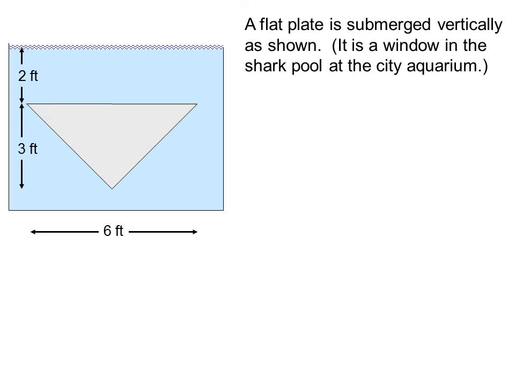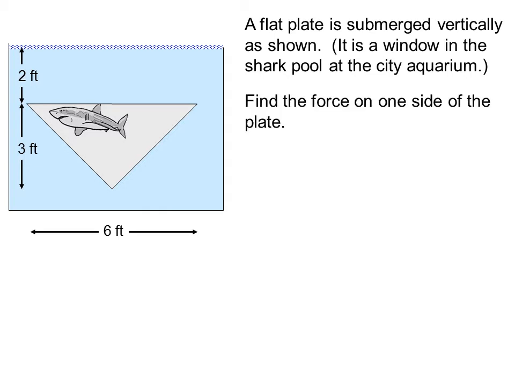Here's another example. A flat plate is submerged vertically as shown. It is a window in the shark pool at the city aquarium. There's our shark. Find the force on one side of the plate. So what we want to do is draw a horizontal strip of constant depth.